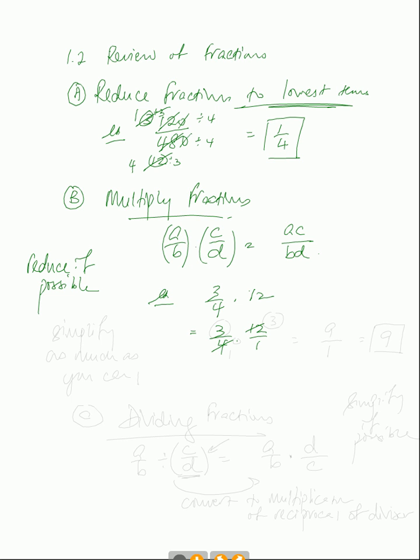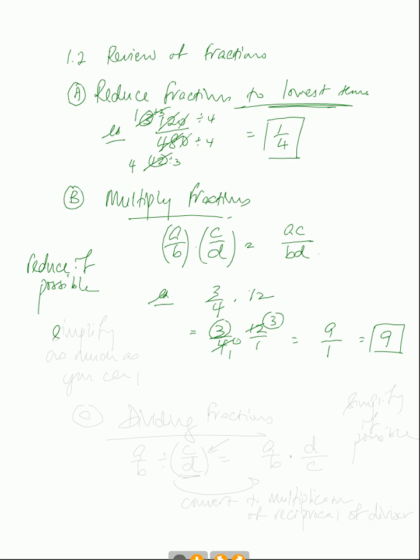You notice that I could use 4 to divide them. So 12 divided by 4 is 3, and 4 divided by 4 is 1. So what you end up with is 3 times 3, which is 9, and 1 times 1 is 1. But we never write it as 9 over 1. We simplify further.